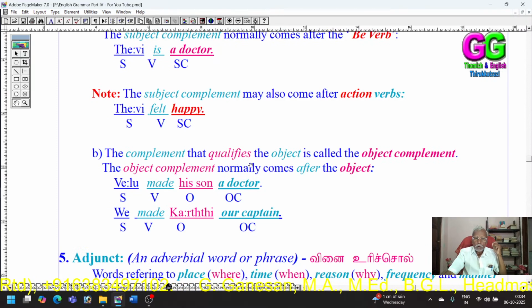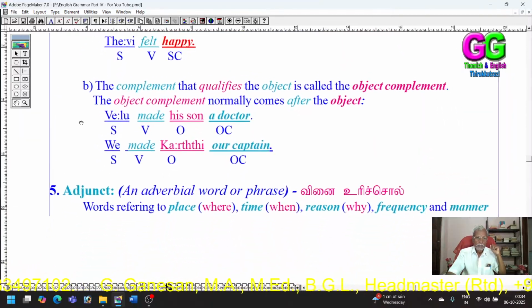The complement that qualifies the object is called the object complement. The object complement normally comes after the object. My dear children, the complement that qualifies the object is called object complement. Let us see the examples.